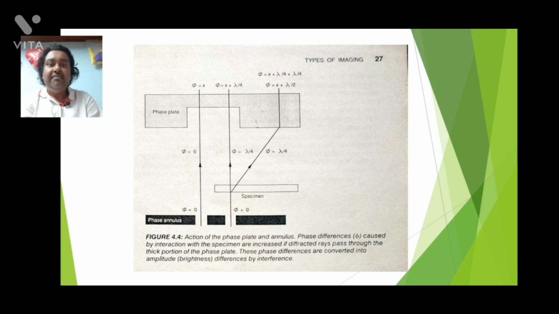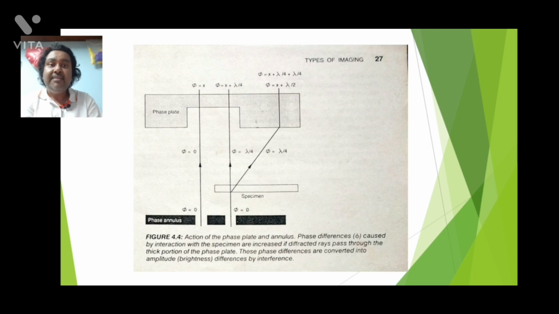Here the phase annulus and phase plate are shown. The left side light rays pass through the phase annulus and miss the specimen. So there is no change in phase, because a biological specimen changes the phase by up to lambda by 4, but here the light is missing the specimen.